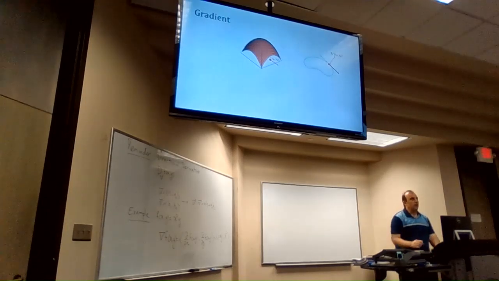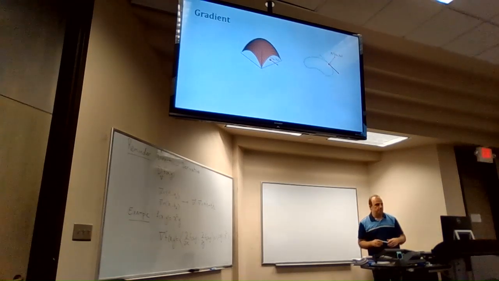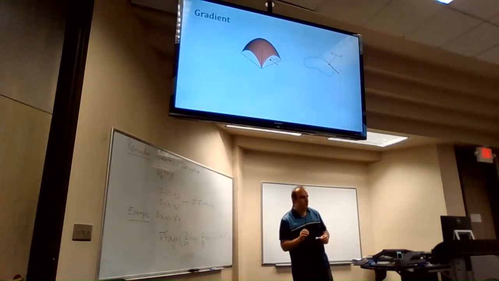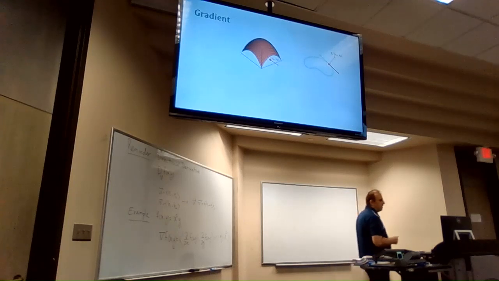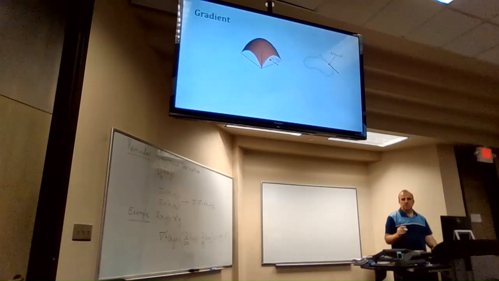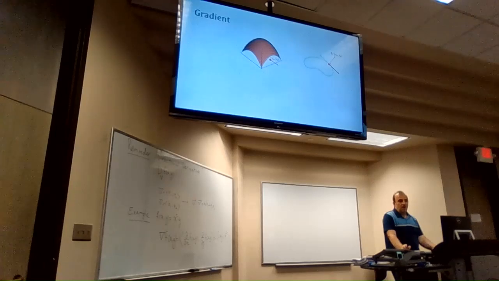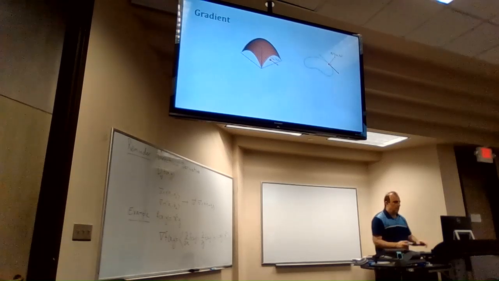If the curve you see on the right side of the screen is the level curve passing through a given point, x naught, y naught, a point of the domain, the gradient, in fact, is orthogonal to that curve. In other words, it is perpendicular to the tangent line at that point. I'll talk about this geometric interpretation later.